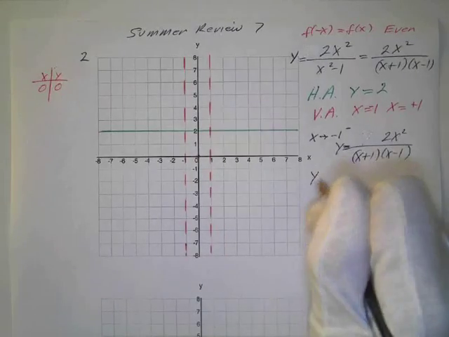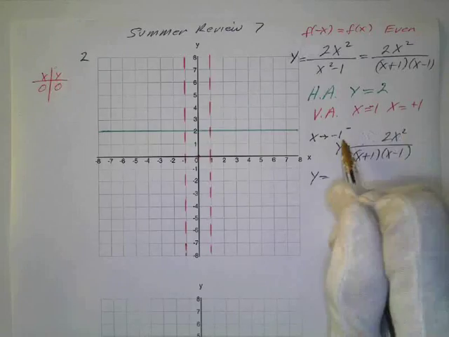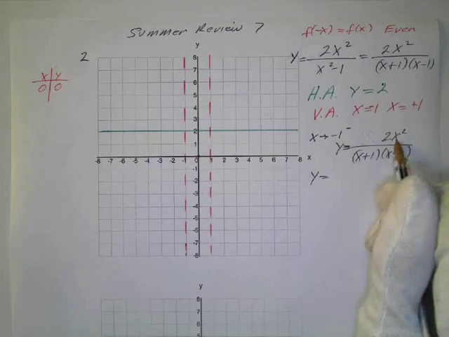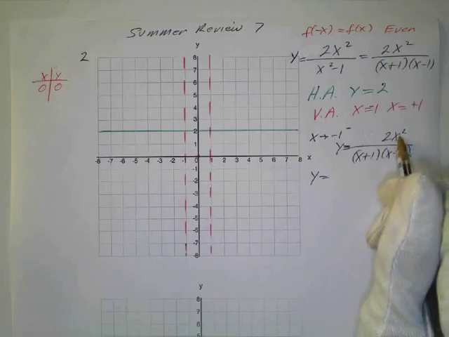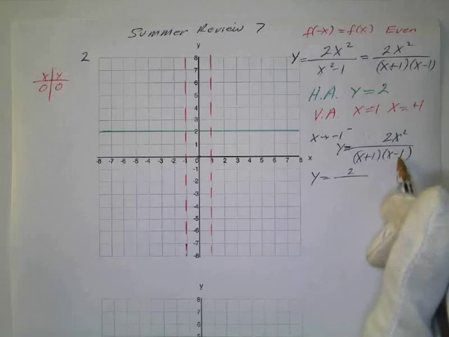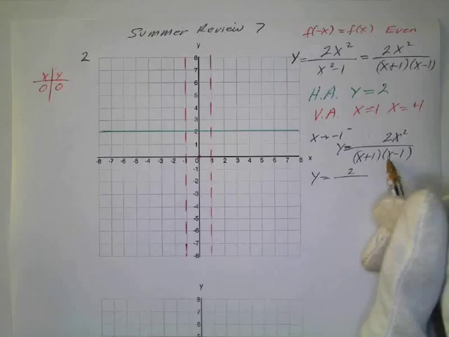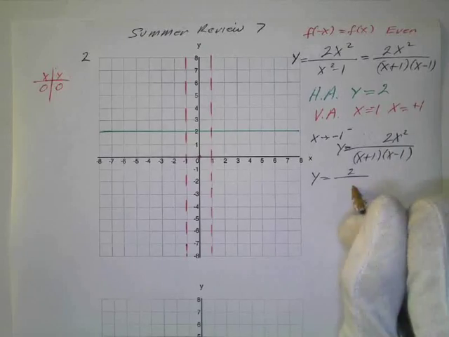So we can substitute those values in. So I could say y equals, and if I put negative 1 here, that's going to be negative 1 squared, which is 1, so that's going to be 2 on the top. And if I put negative 1 in here, I get negative 2, so this part's okay.